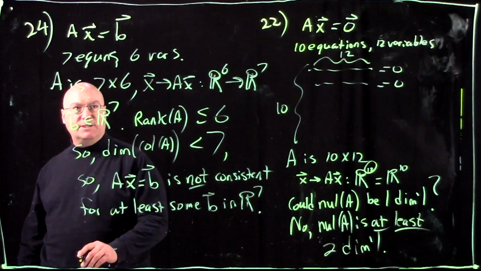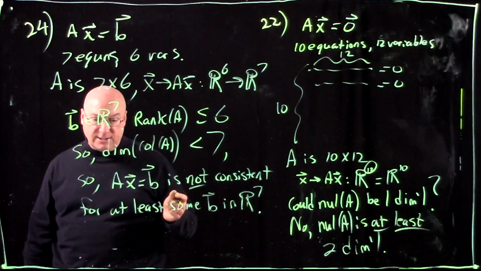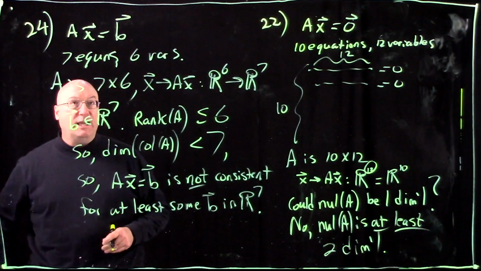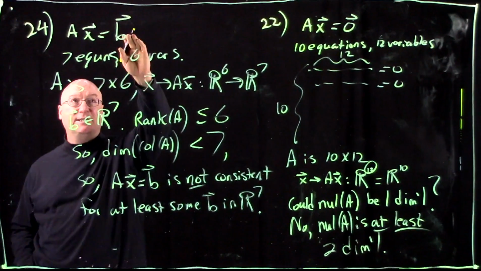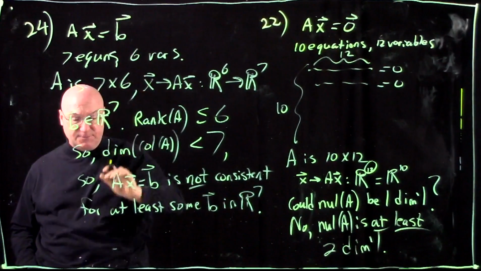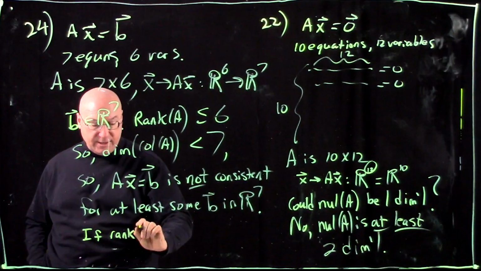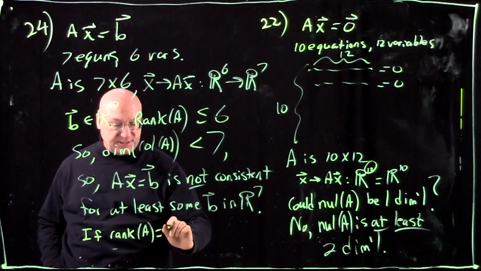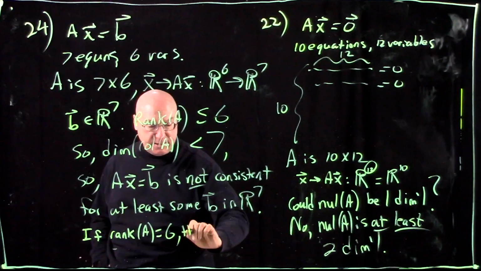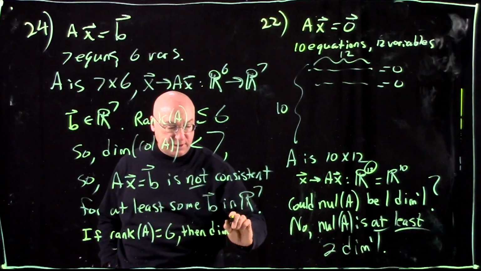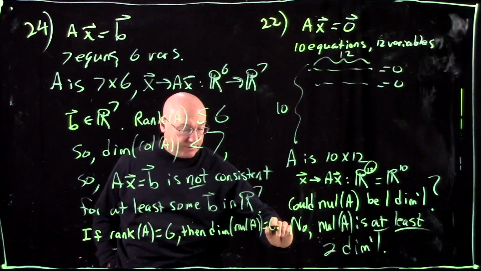Now, is it possible to have a unique solution for some right-hand side? The answer is, look, for some right-hand side, we should be able to solve this. If the rank of A is equal to the max it can be, which is 6, then the dimension of the null space of A has to be 0, correct?